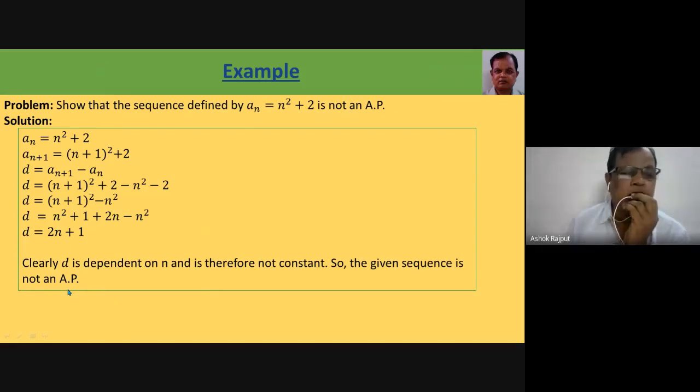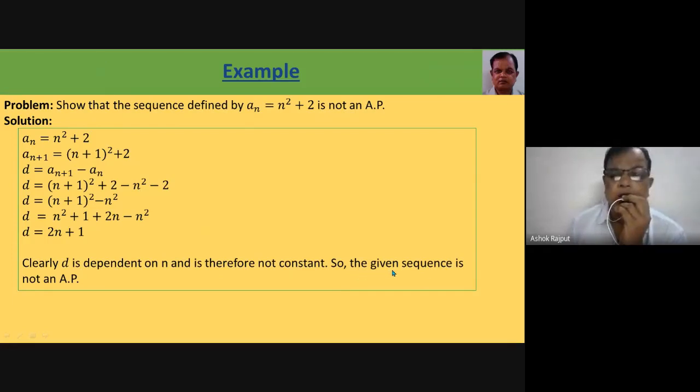Now it is clear that d depends on n, because it is written in the form 2 into n plus 1, and is therefore not constant. If the value of n changes, then the difference changes, so it is not constant.